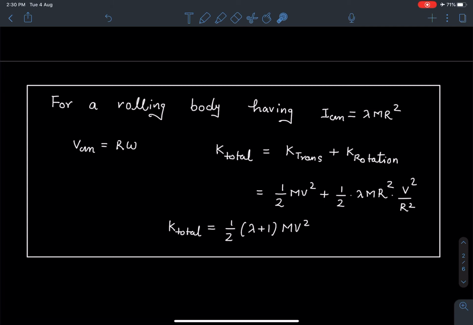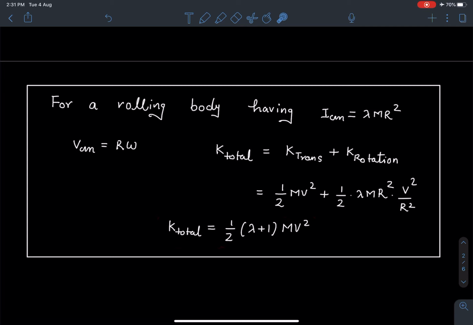Alright, so in such cases, for the total kinetic energy of this system, I can write kinetic energy of translation plus kinetic energy of rotation. So I can write it as half m v_cm squared plus half I_cm omega squared. When I substitute the values in that, I am going to get half (lambda plus 1) m v squared. This is a very nice result to remember, and you can use it in problems.